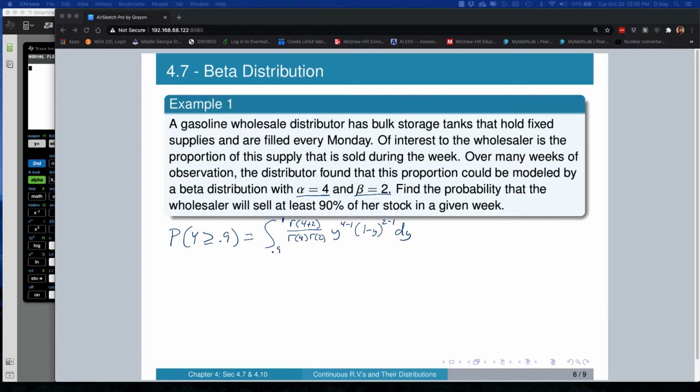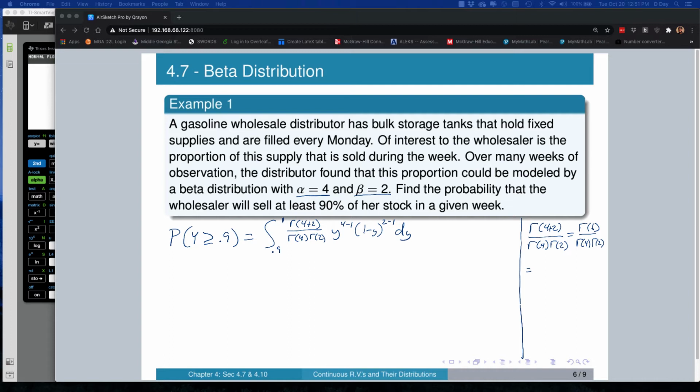So over here to the side, I'm going to just figure out real quick what gamma of 4 plus 2 over gamma of 4 times gamma of 2 is equal to. And that gives me gamma of 6 over gamma of 4 times gamma of 2. And remember, the gamma function is always the number inside minus 1 factorial.